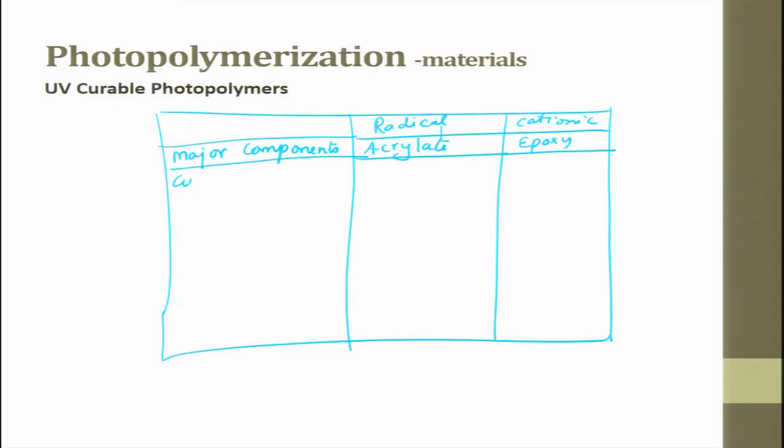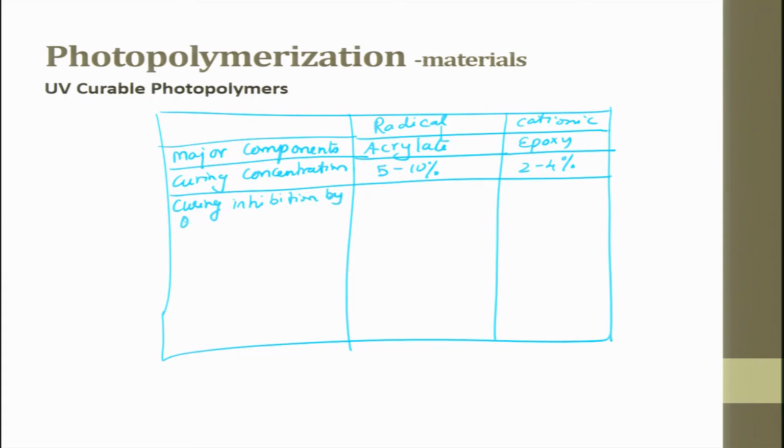Then if you talk about the curing concentration, it is 5 to 10%, here it is 2 to 4%. When we talk about curing inhibition by oxygen, it is inhibited and this one is non-inhibited.